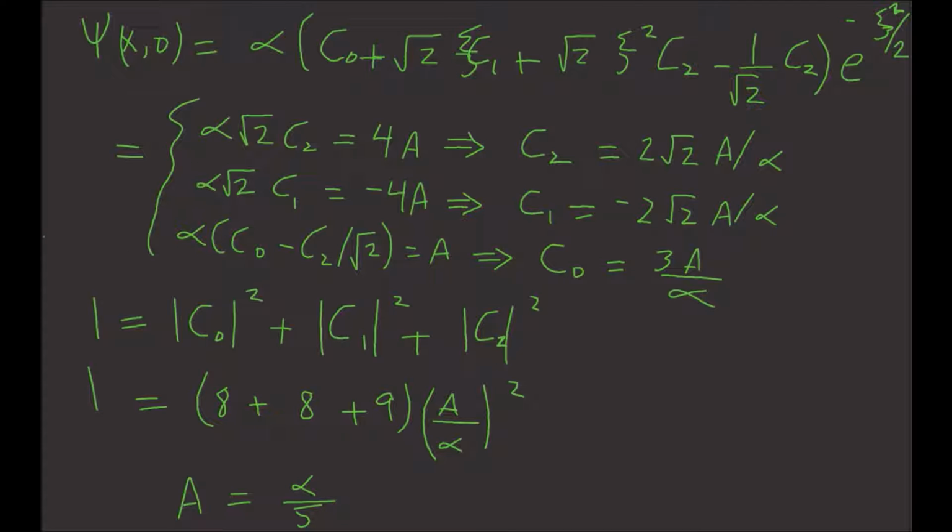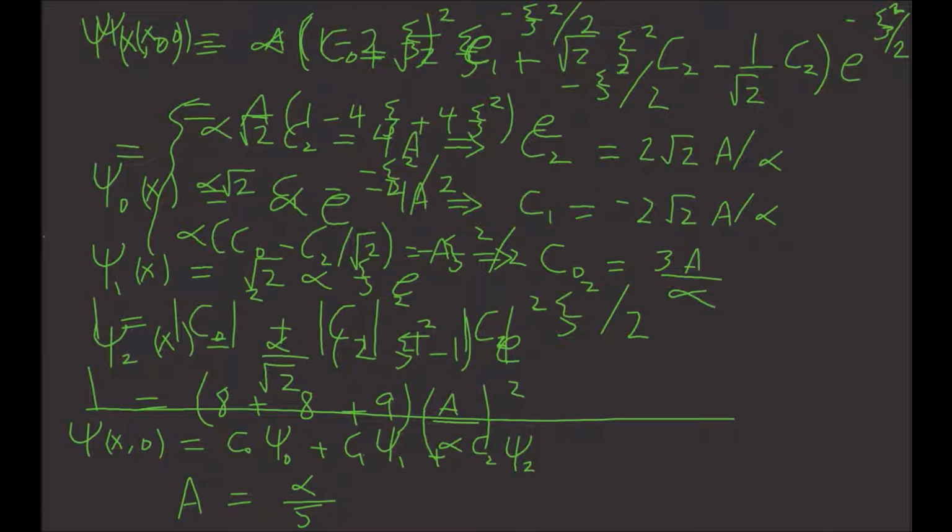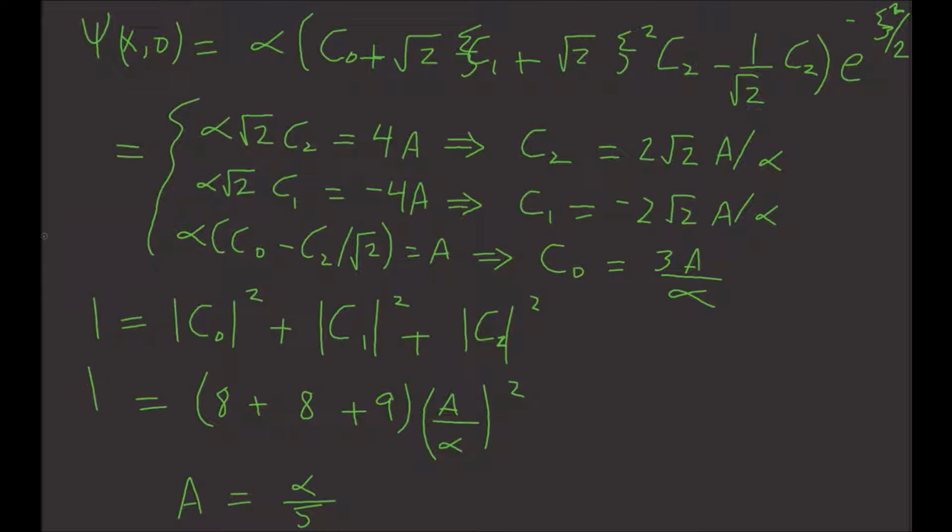Alright, so now since we have A, we can find c naught, which is equal to 3 over 5, and we have c1 equal to minus 2 square root of 2 divided by 5. We have c2, which is equal to 2 square root of 2 divided by 5.